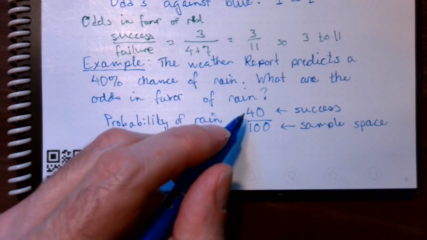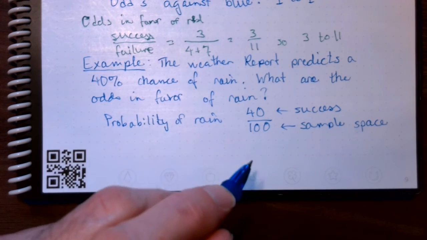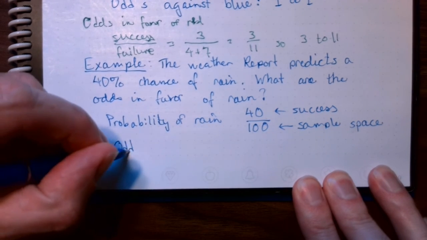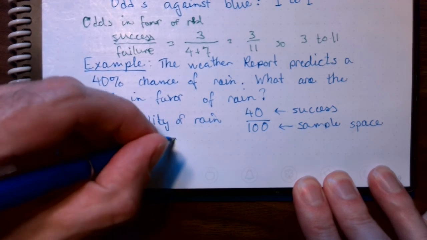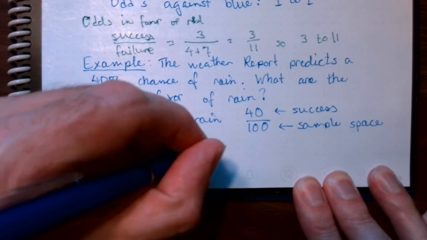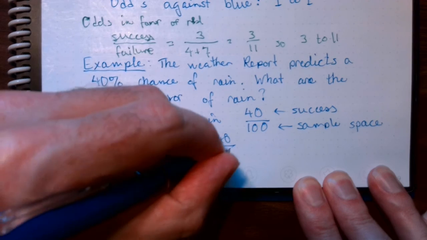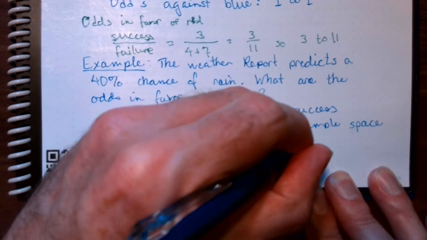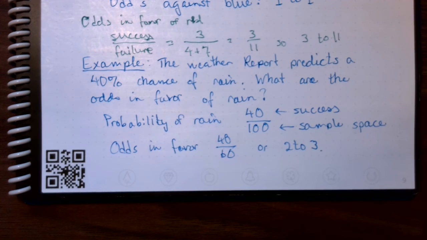Well, if you have 40 days with rain, that means you have 60 days without rain. So the odds in favor of rain are 40 to 60, or 2 to 3. Okay?